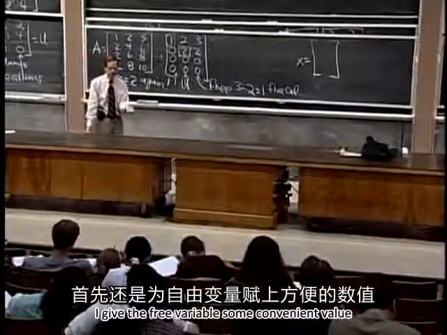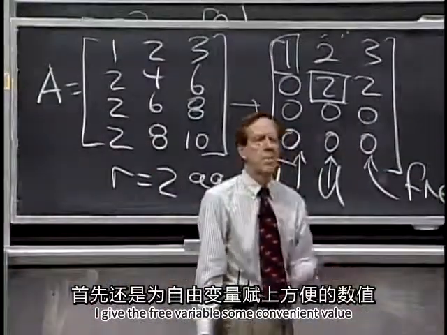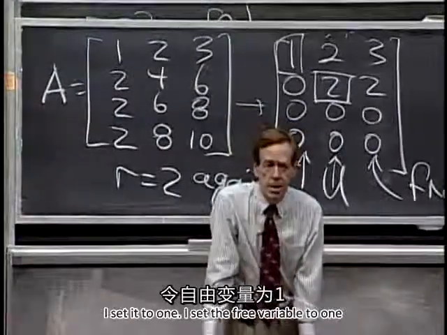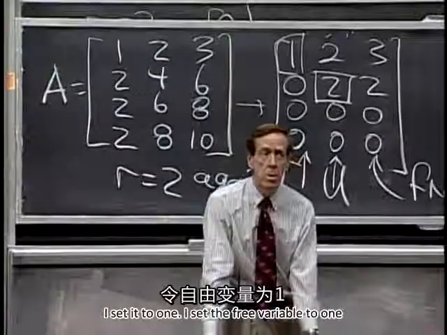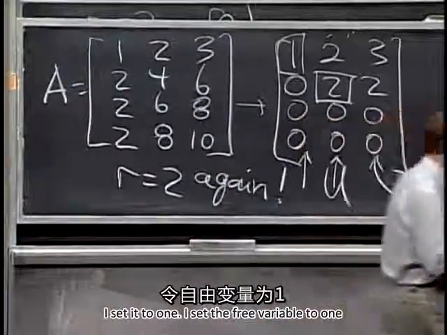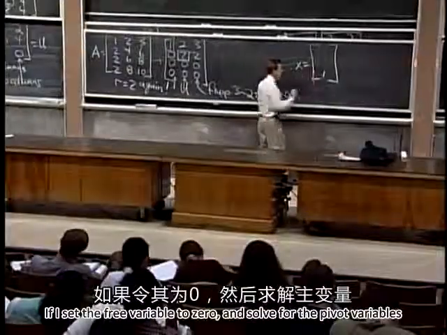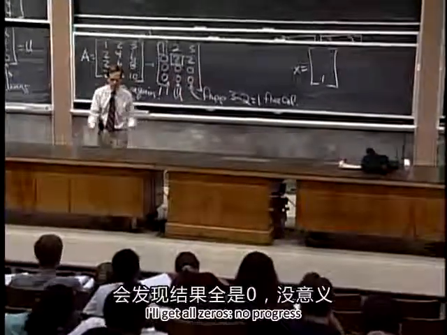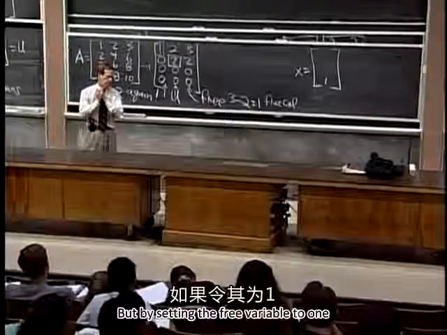I give the free variable some convenient value. And what's that? I set it to 1. If I set the free variable to 0 and solve for the pivot variables, I'll get all zeros, no progress.